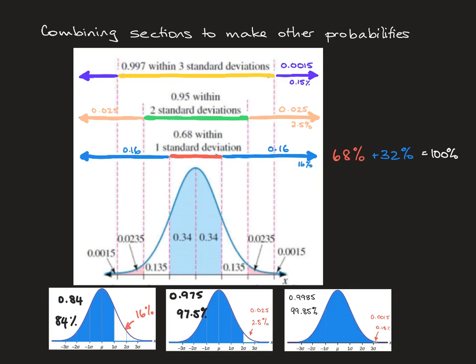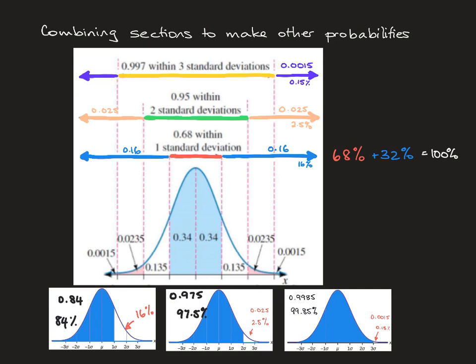That 32% is shared equally between the right-hand side and the left-hand side values. And half of 32 is 16%. So we've got 16% of our data values above the mean plus 1 standard deviation, and 16% of them below this x value.